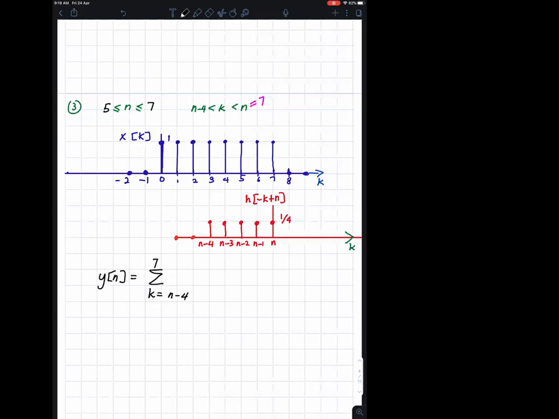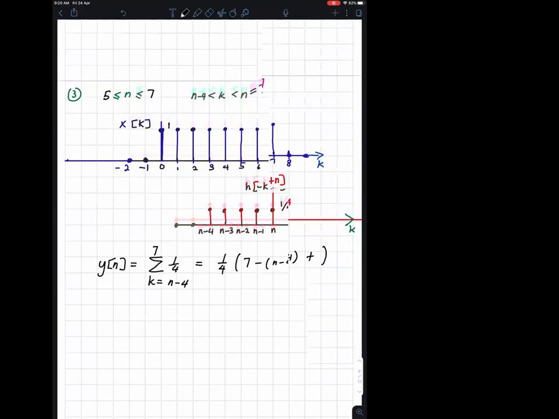So again, you're going to have 1 minus 1/4, which is always 1/4. So we just leave it as 1/4 there. And that's going to be 1/4 times upper limit minus lower limit plus 1.